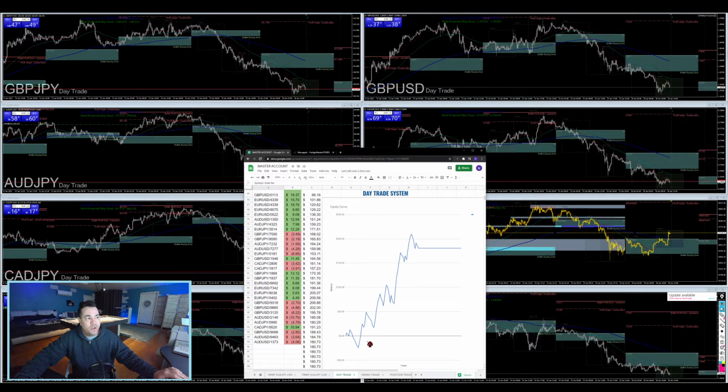So if you have your system or your MT4 traded by me and you want to see why I took certain trades that day, you just tune into my channel and I post those daily updates. But this is the current status right now: about 18% profit in the past couple of months, about 2.5 months. This is just the day trading portion.